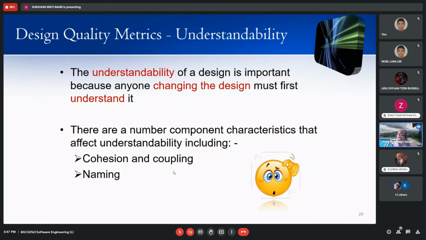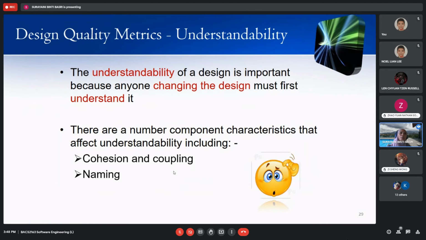Another characteristic that can influence understandability is naming.